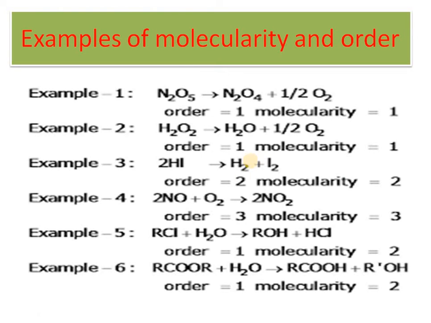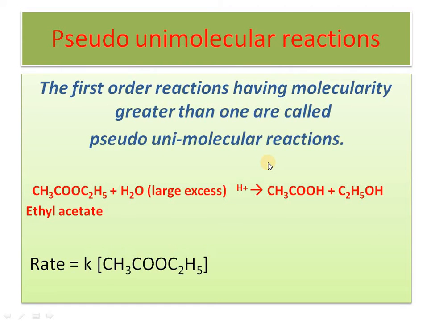These are further examples where order and molecularity are given. As you see here, order and molecularity are the same, but see the fifth example: RCl plus water, where molecularity is 2 but order is 1. Similarly, hydrolysis of ester is a pseudo first order reaction, so order is 1 and molecularity is 2. Next, pseudo unimolecular reactions: first order reactions having molecularity greater than 1 are called pseudo unimolecular reactions. In this case the order is 1.